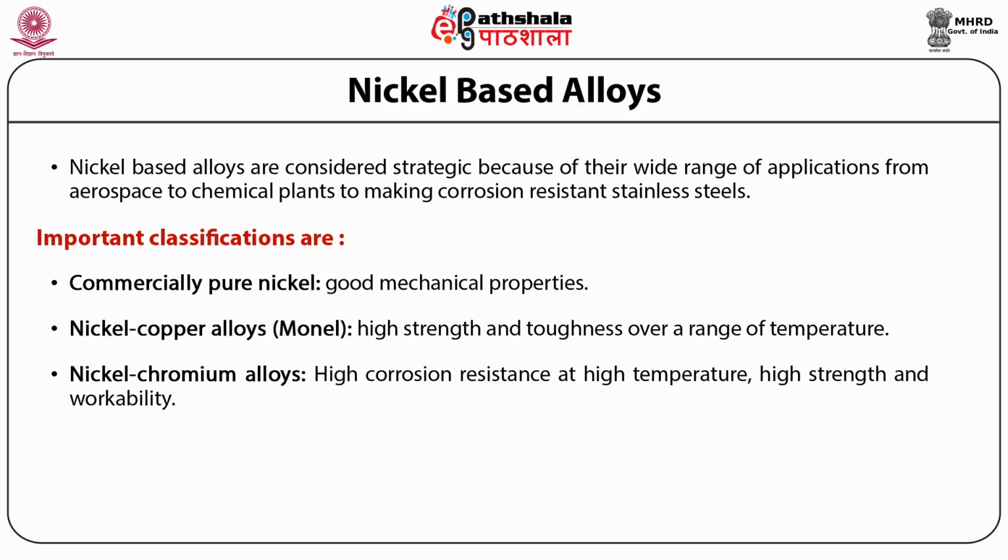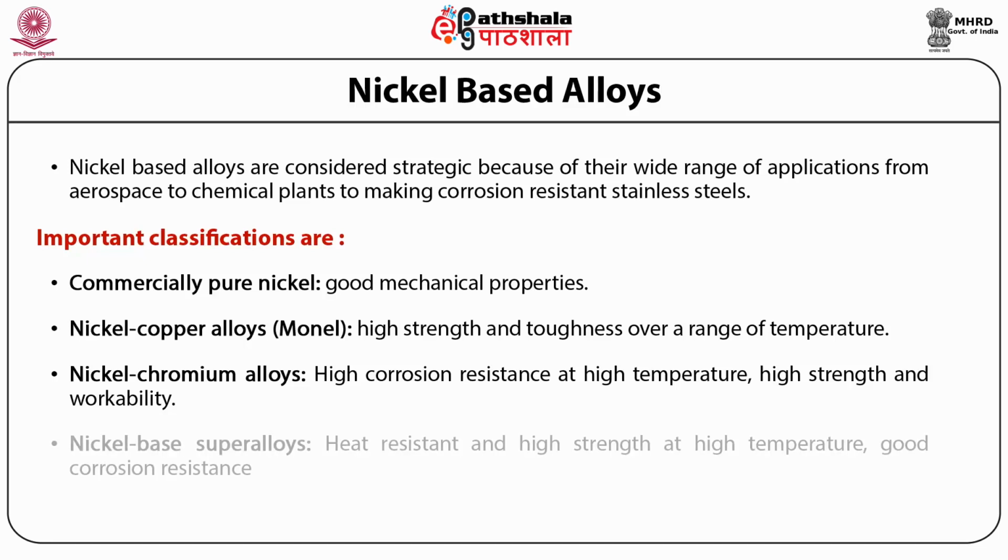Last type of nickel based alloys are nickel based superalloys. There are three types of nickel based superalloys, that is nickel base, nickel iron base and cobalt base. These alloys contain high chromium with titanium and aluminium to form precipitates.